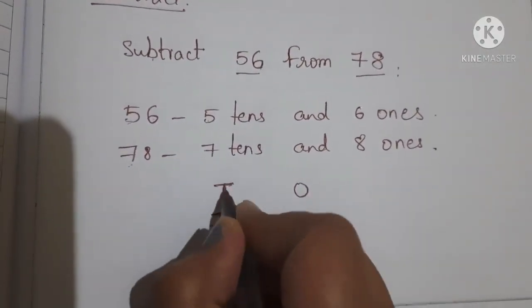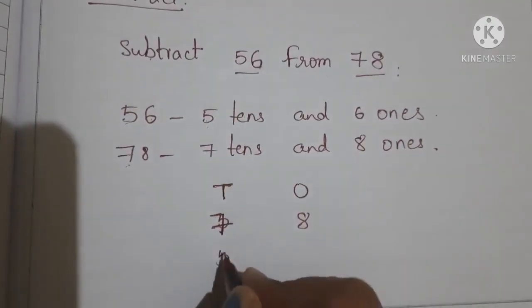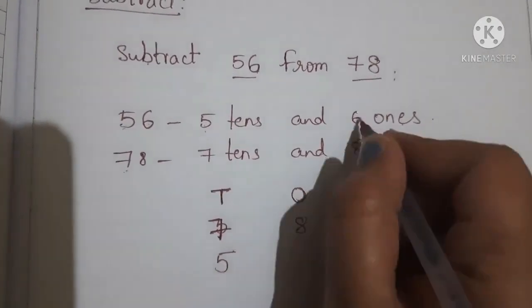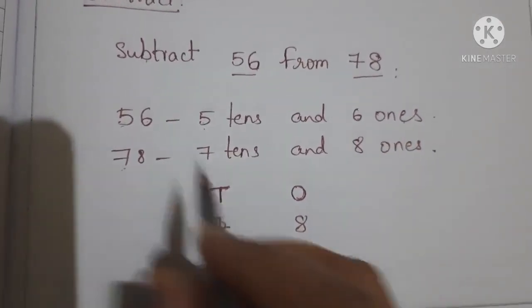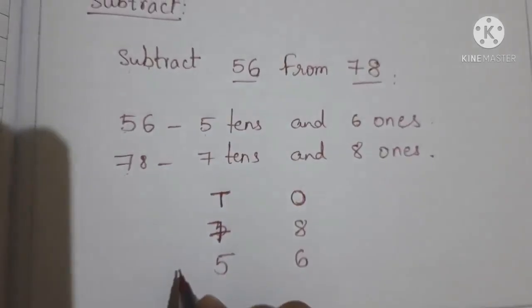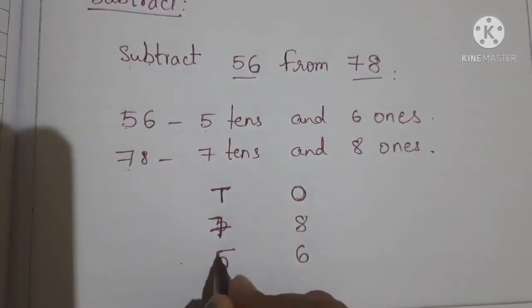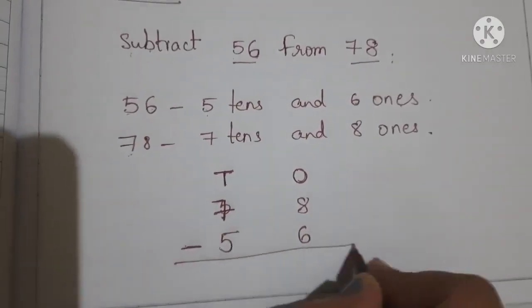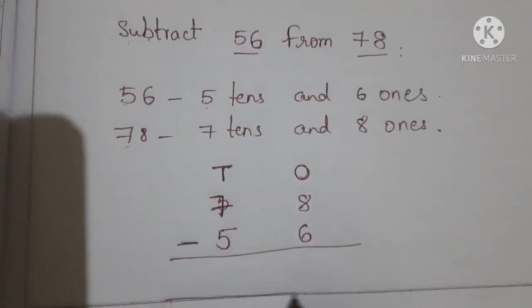See, tens. Under tens I am writing 5. 6 ones. Under ones column I am writing 6. So, subtract 56 from 78. Sign of subtraction is this, right?